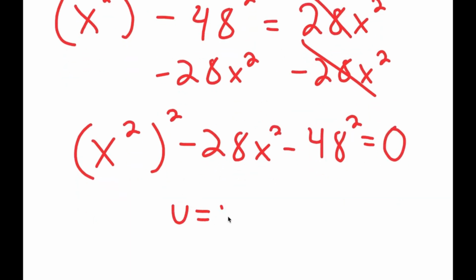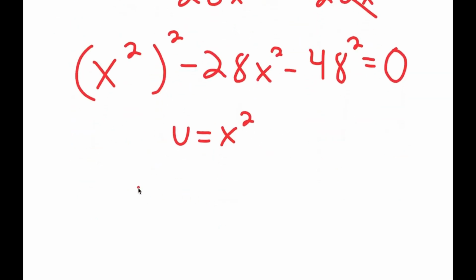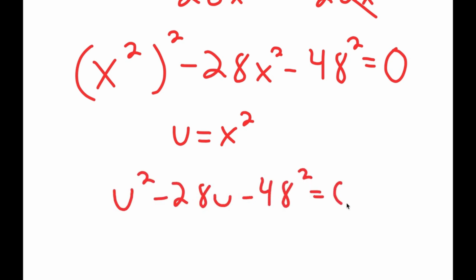Now I'm going to set u equal to x squared. So I get u squared minus 28u minus 48 squared is equal to 0. And now I can solve this by completing the square.